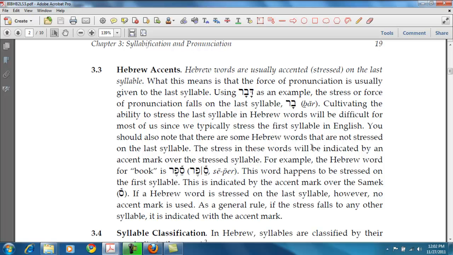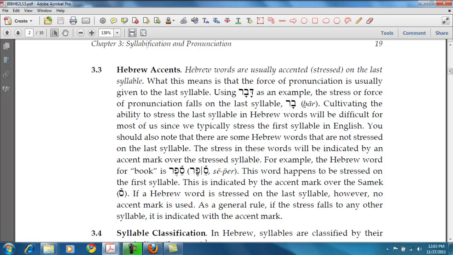You should also note that there are some Hebrew words that are not stressed on the last syllable, and we'll get into those in a moment. The stress on these words will be indicated by an accent mark over the stressed syllable. For example, the Hebrew word for book is sefer.